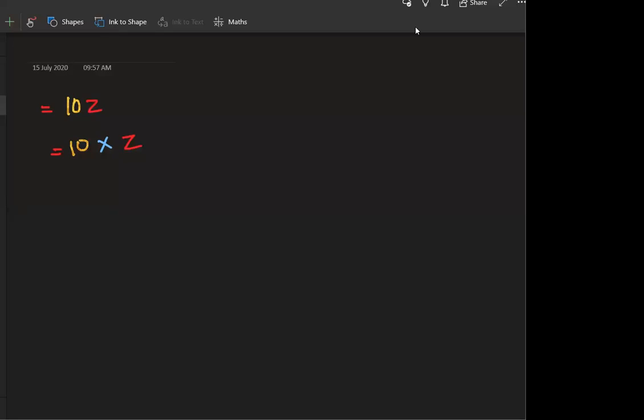Yes. So now 10z means 10 into z. Thanks for reminding me, Azima. Now 10z means 10 into z, okay? So if I ask you, what is in multiply with the variable? What will you give as the answer?